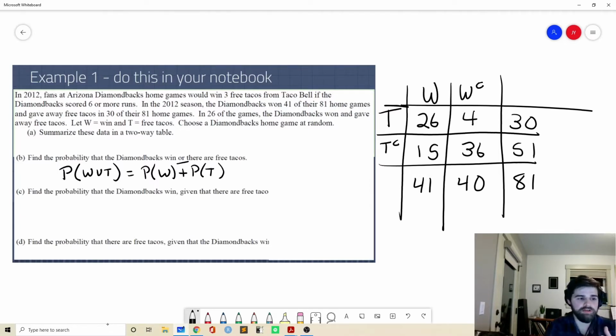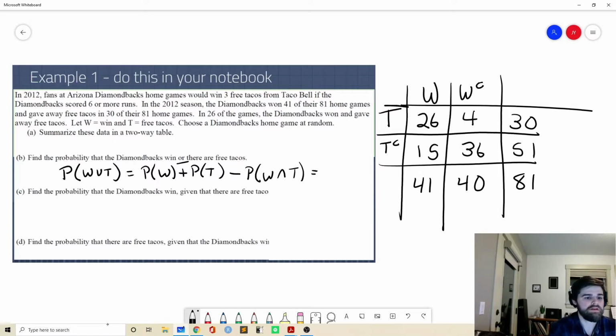But we want to be careful because winning the game and getting free tacos are not mutually exclusive. Those two things can happen together. Indeed, they did 26 times. So we need to subtract the overlap because those 26 games are being counted in the 30 tacos and in the 41 wins. We don't want to count them twice, so we'll subtract that off once.